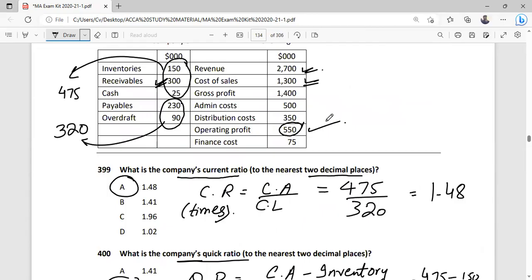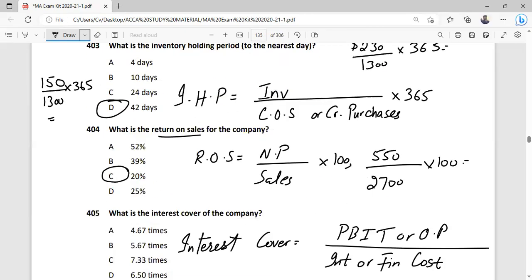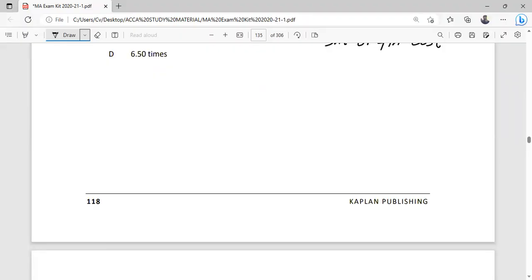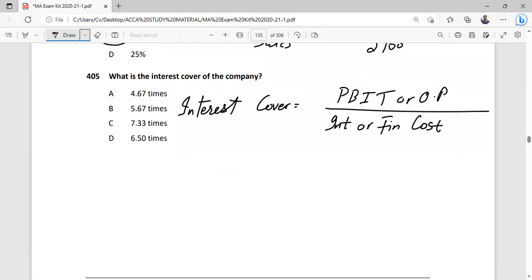Profit before interest and tax is 550 and finance cost is 75. So 550 divided by 75. What is the interest cover of the company? 7.33 times. C is the right answer.